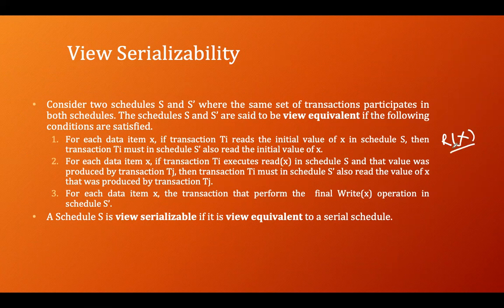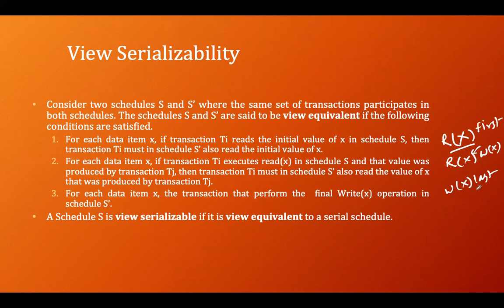Second, who is reading any data item X after a write operation? After write operation, that we have to see. Third, the last: who is doing the write operation last? Who is doing read operation first? Who is doing read operation after write?